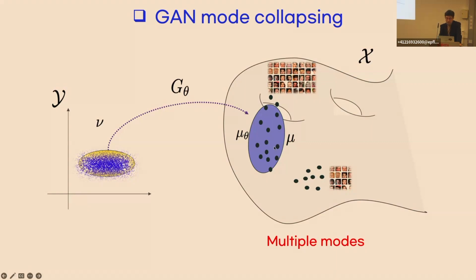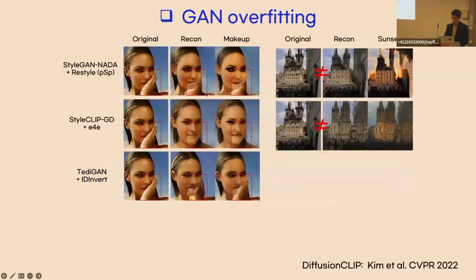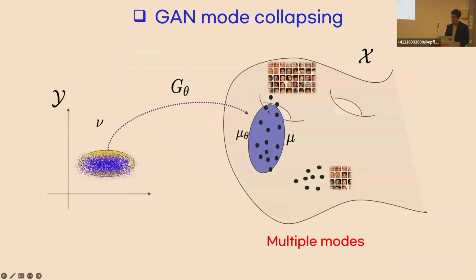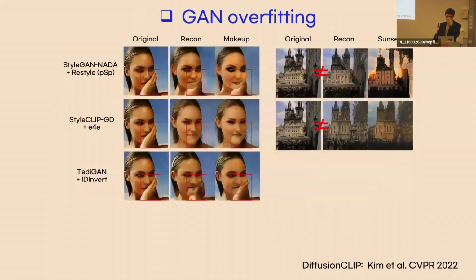In that case, if you want to minimize the statistical distance, most of the transported measure is transported to the large region rather than to the small area. Because of that, what happens in practice is this kind of behavior.